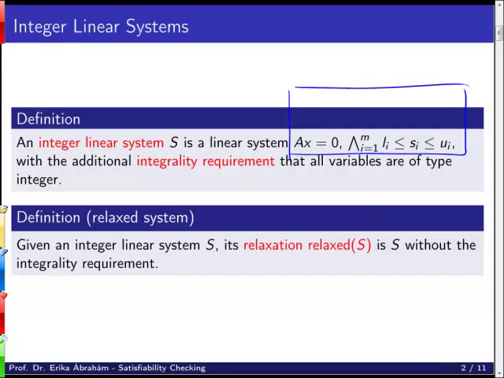And this is due to the fact of the simplification, that one term can appear in different inequations, and then I can use the same slack variable for encoding. And now it is an integer linear system if we have, additionally to the previous problem, the integrality requirement, that means that all variables are of type integer. And once we have an integer linear system, I can come back to the real valued problem by a relaxation. That means I allow not only integer values, but also real values.